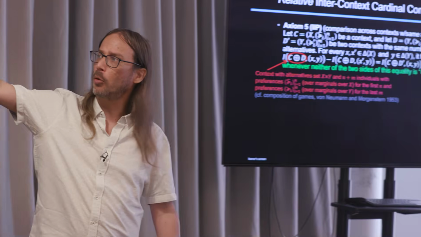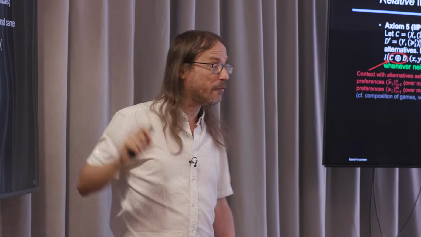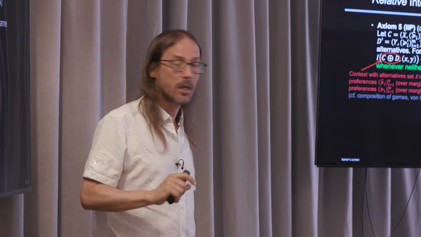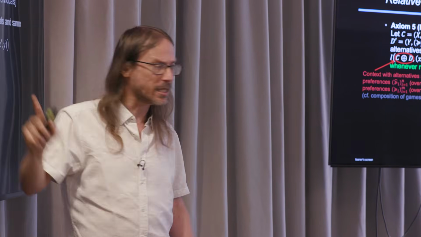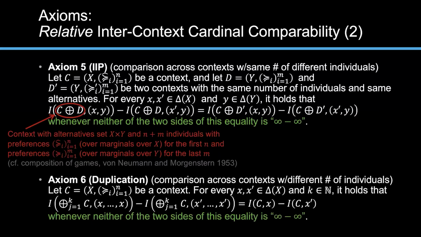So this is about comparison across contexts with the same number of individuals, N plus M here, N plus M here, but different M. Finally, we have duplication. This is for comparison across contexts with different numbers of individuals. So let's take a context C, and let's take a look at the k-wise self-composition of C with itself.